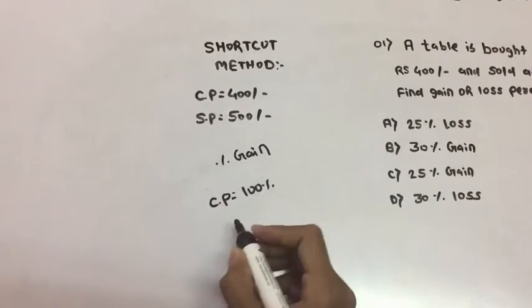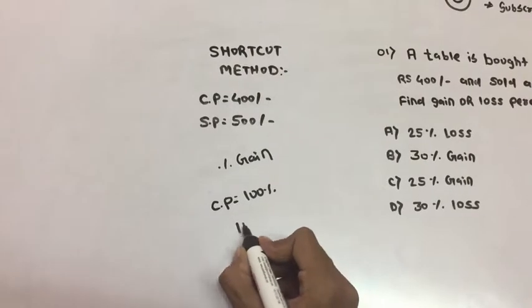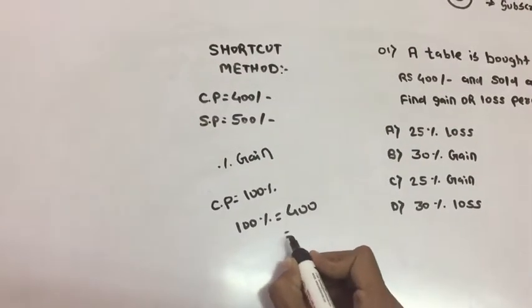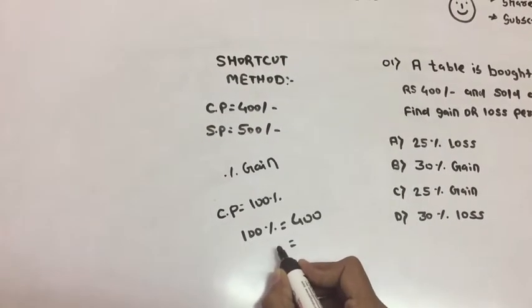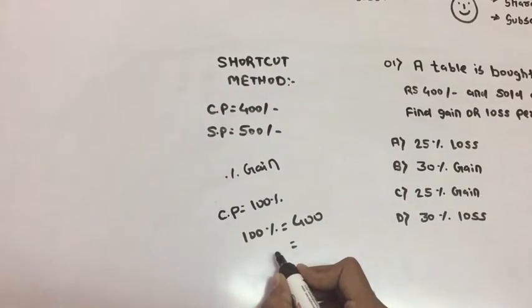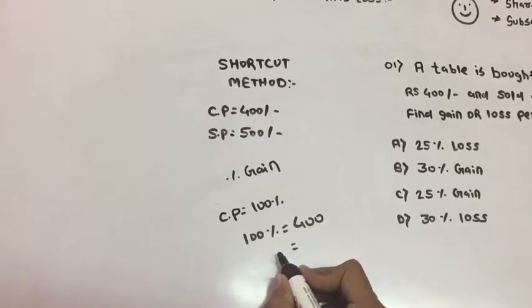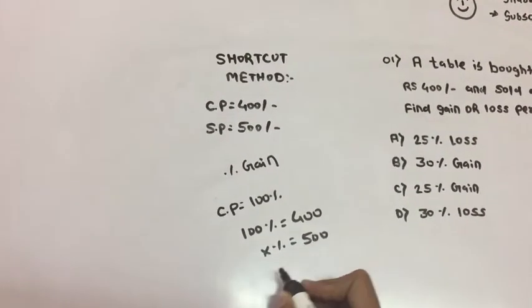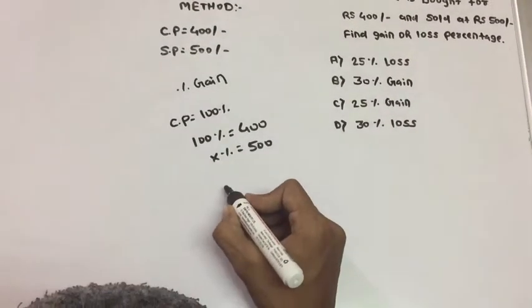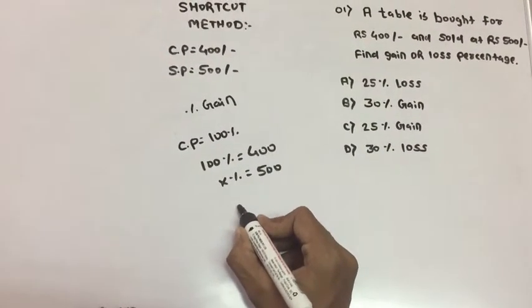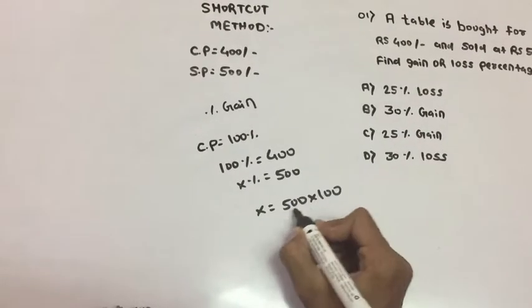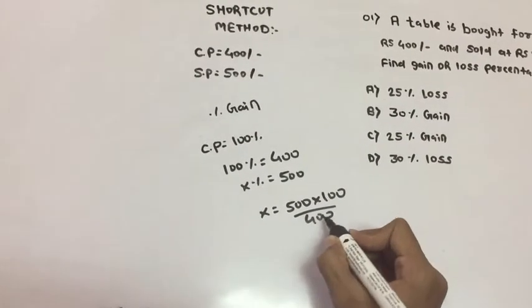So here the cost price is 400, so 100% equals 400 rupees, and we don't know the percentage, so x percentage equals the selling price of 500 rupees. If you solve this, x equals 500 multiplied by 100 upon 400.